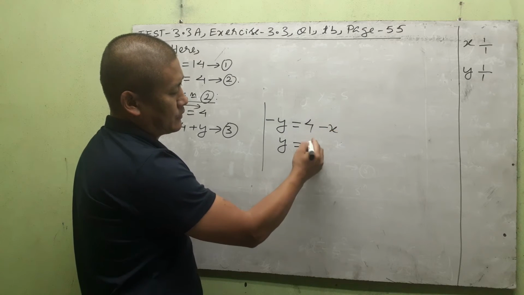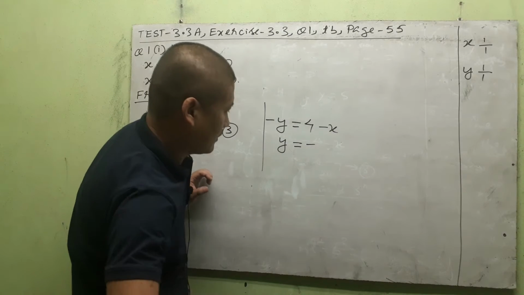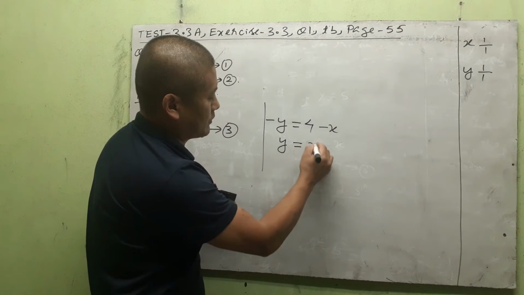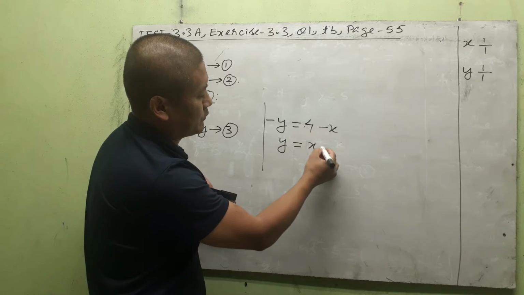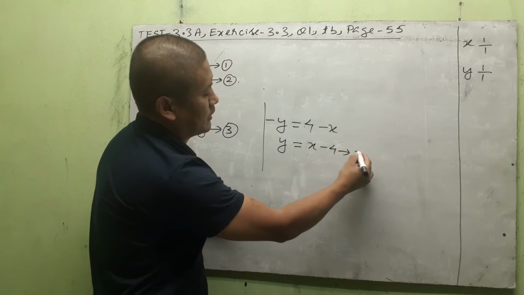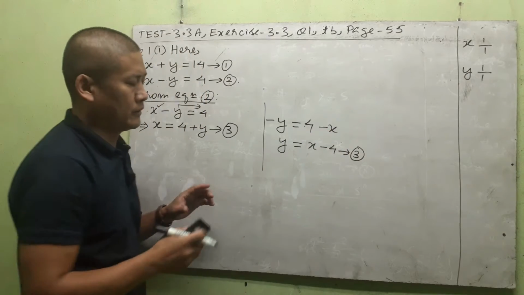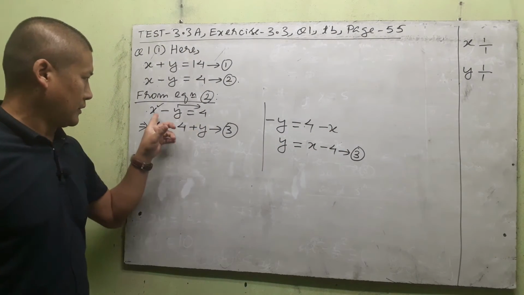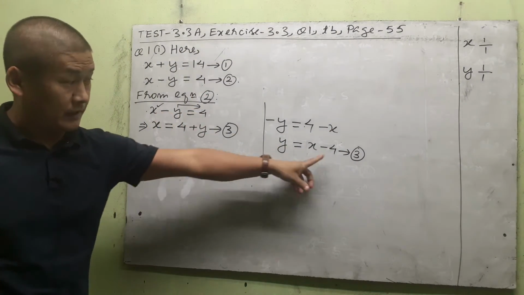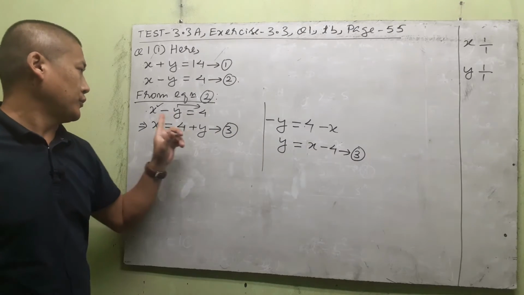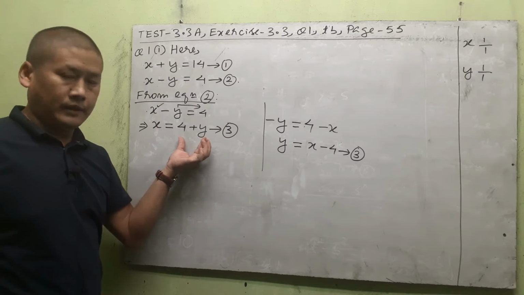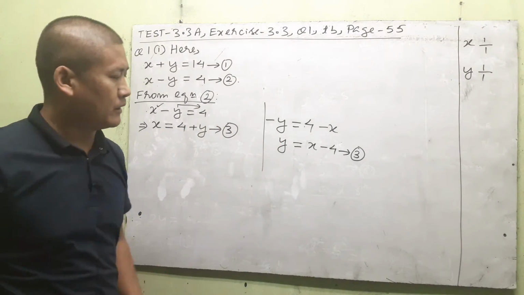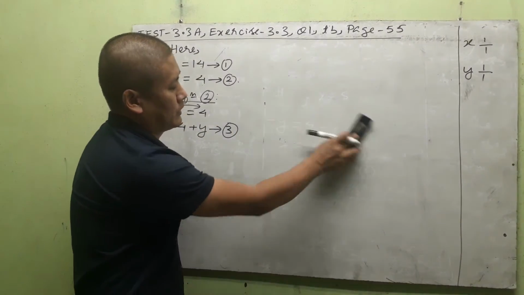So this minus x will become changed to plus x because this minus y has changed to plus. No sign here means plus 4 will now therefore become minus 4. And you will put your equation as 3. If you had chosen to express this equation 2 in terms of y, you will get it like that. If you had chosen to express in terms of x like I have done, you will get it like this. Both are correct. Whichever one you choose, you will get the same answer.